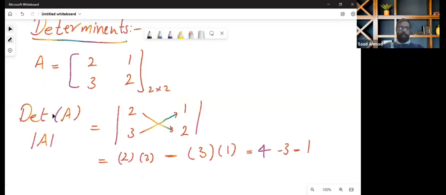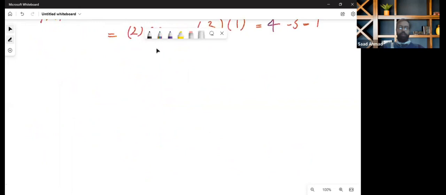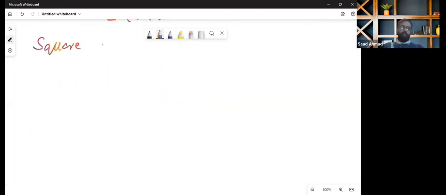And there is another thing about determinants: we can only find the determinants of square matrices. Let's say someone gave you a matrix like this and asked you to find its determinant.